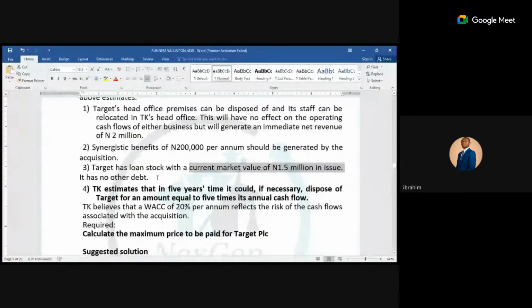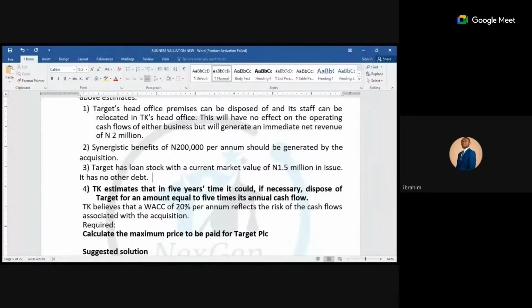Now, in another case scenario, maybe in the next class, in our intensive, I'll bring another question that has to do with something like this under the discounted cash flow. Now, we have 1.5 million. They say current market value. In another case scenario, the examiner will want to test your knowledge of cost of capital, whereby how do we normally determine our market value of a loan stock?